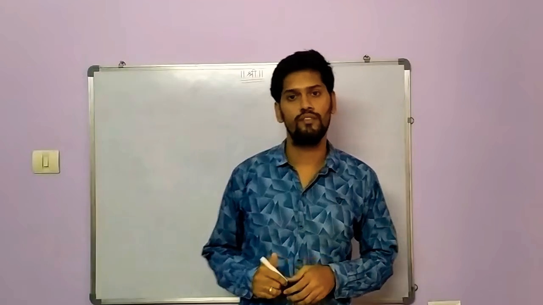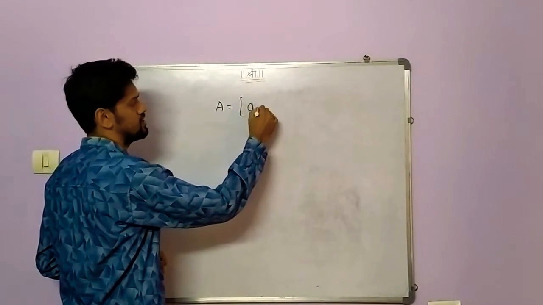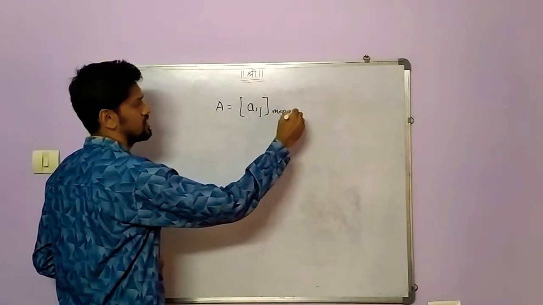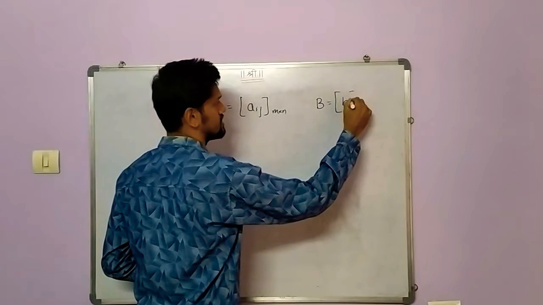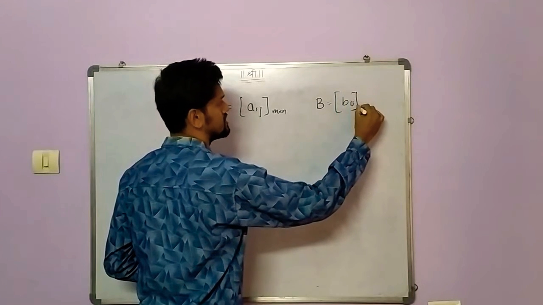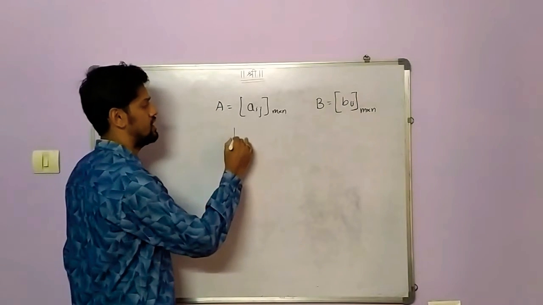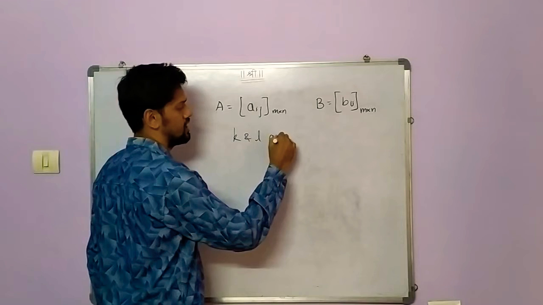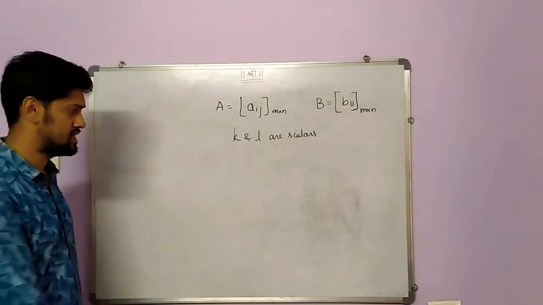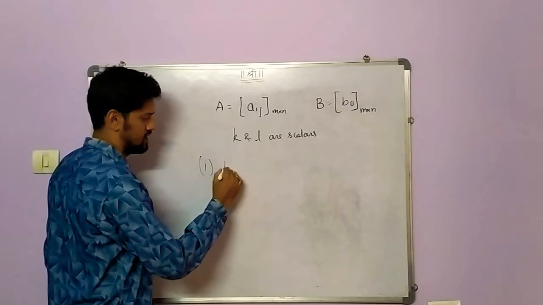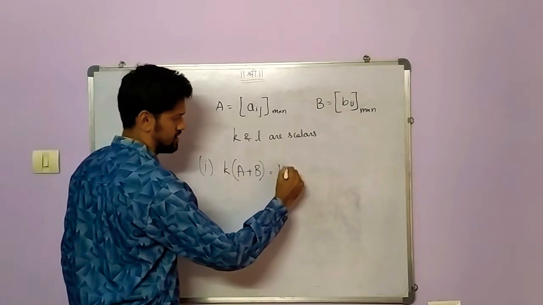Now we will see properties of scalar multiplication. If we have a matrix A, which is denoted like this, and matrix B, which I have taken of the same order, and K and L are the scalars, then the first property is K times A plus B is the same as this.